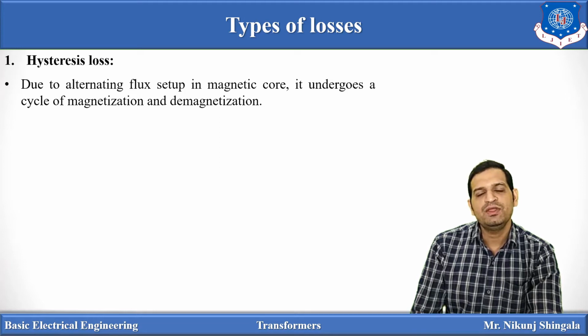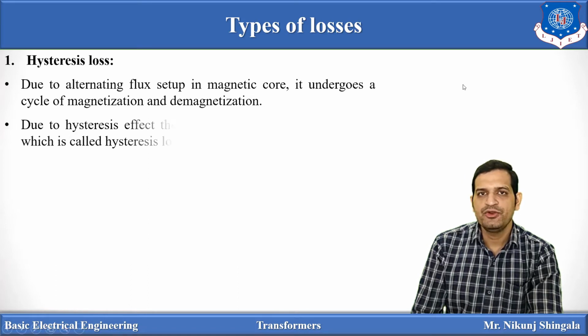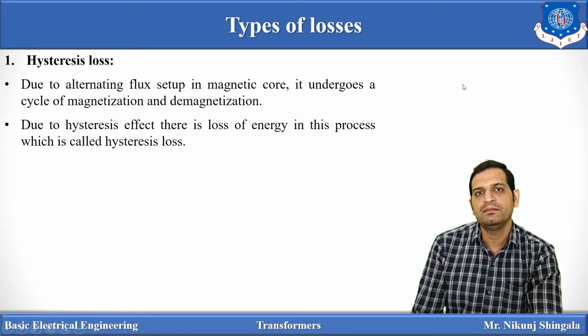Because of the reversal of the magnetic lines of force in either direction, energy is dissipated within the material and power loss takes place, and that power loss is nothing but the hysteresis loss.